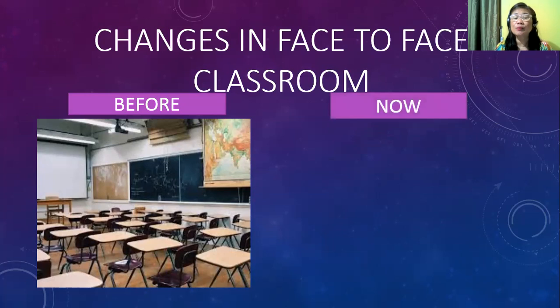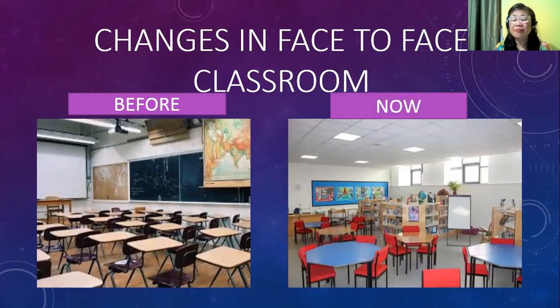Now, the classroom looks like this one. If you have noticed the physical arrangement of the classroom, on the other side there is a table and there are some chairs around the table, like 3 chairs, 4 chairs. So meaning students are interacting with each other.